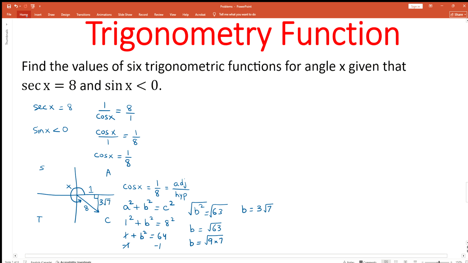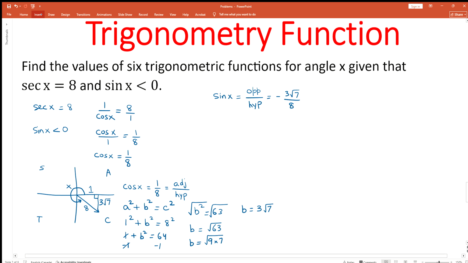Now we can find the values of all trigonometric functions for angle x. Let's start with the sine function. The formula for sine is opposite over hypotenuse. And in quadrant 4, sine is negative. So sine x is equal to negative 3 square root 7 over 8.